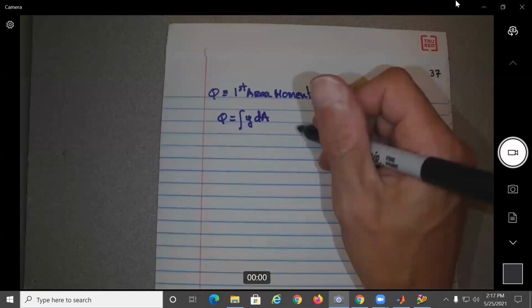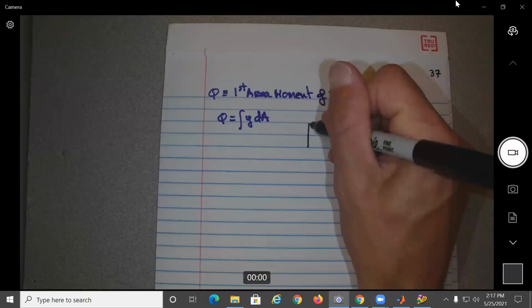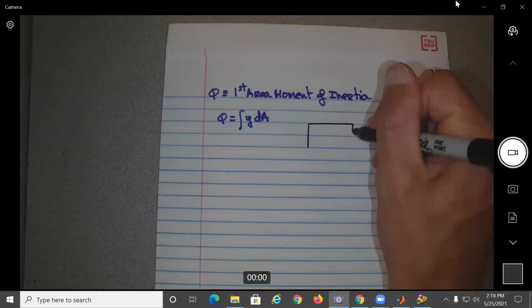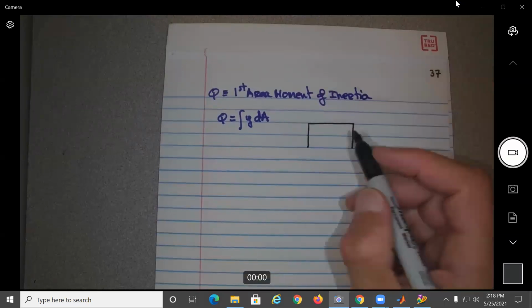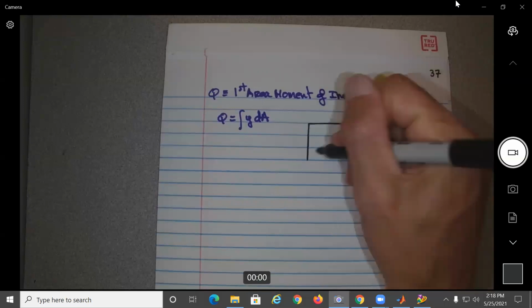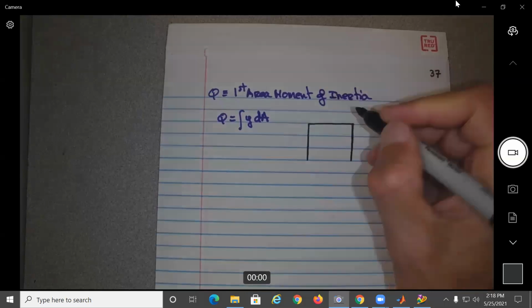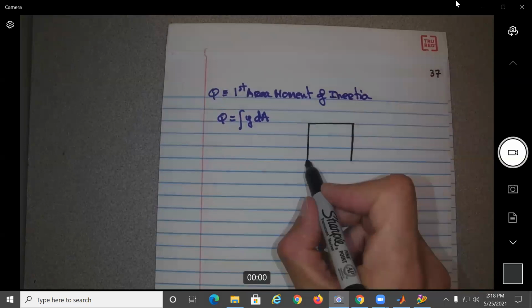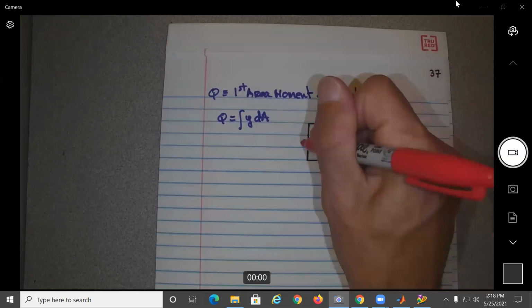If, let's say, you have a cross section that is this way, you calculate the location of the neutral axis.